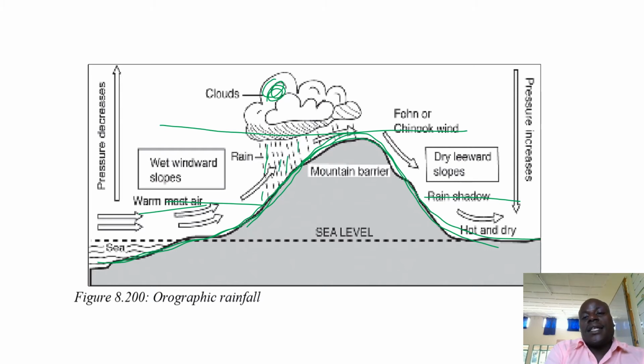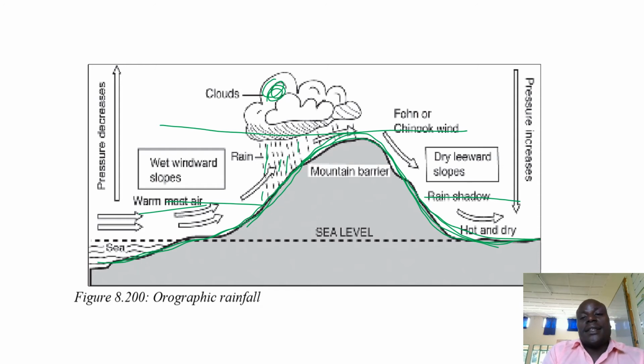Then the leeward side is the other side of the mountain on the right, which experiences dry, cold, descending winds. They are sinking winds. They are not rising. They are cold and therefore they are heavy. That's why they are descending.